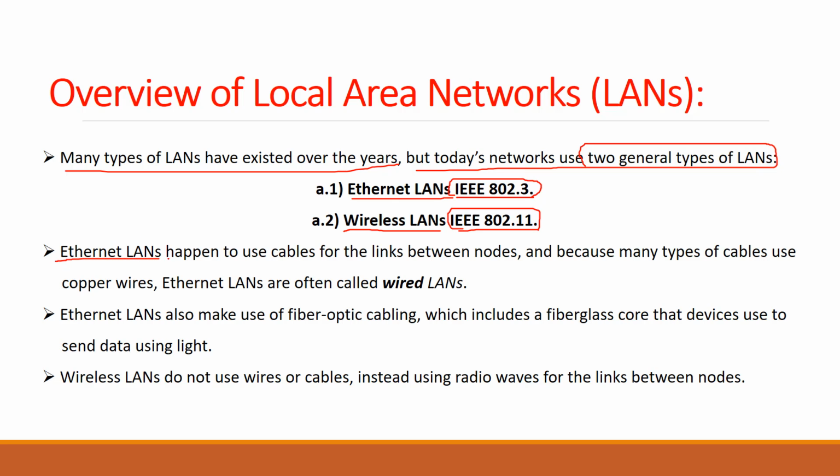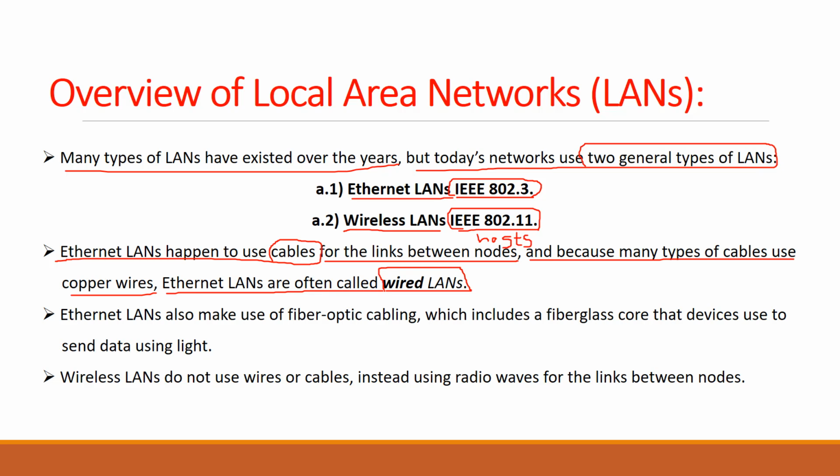So Ethernet LANs happen to use cables for links between nodes. Sometimes we use nodes or hosts. So hosts, sometimes we call them nodes. And because many types of cables use copper wires, Ethernet LANs are often called wired LANs.